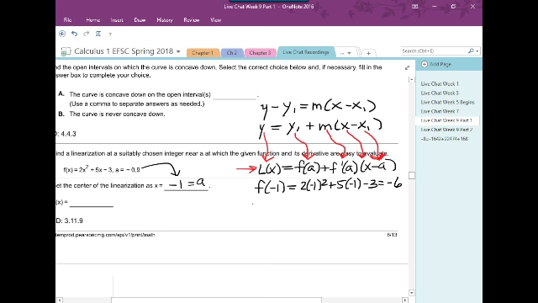Okay, and then we also need to find f prime of x and plug -1 into that. So the derivative of 2x squared plus 5x minus 3 is just 4x plus 5. So if we plug -1 into that, we have -4 plus 5, which is just 1.